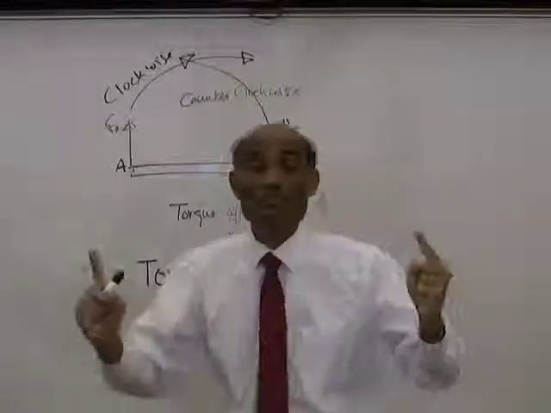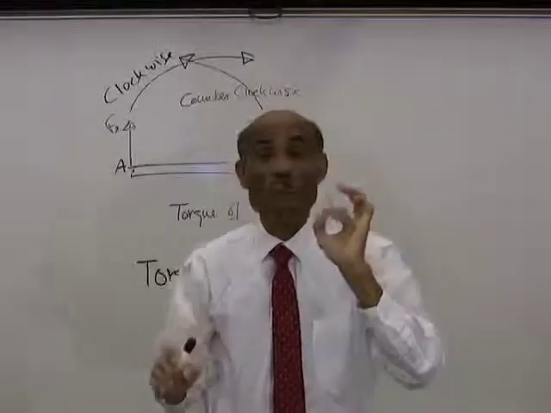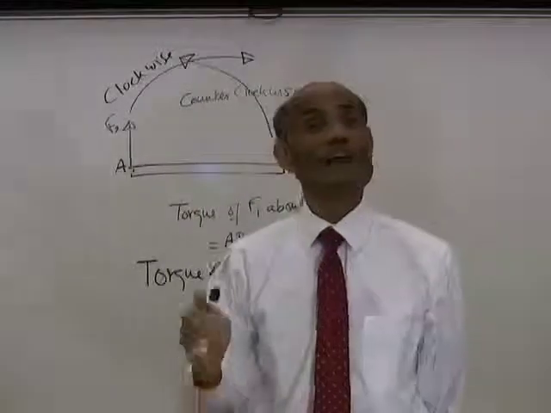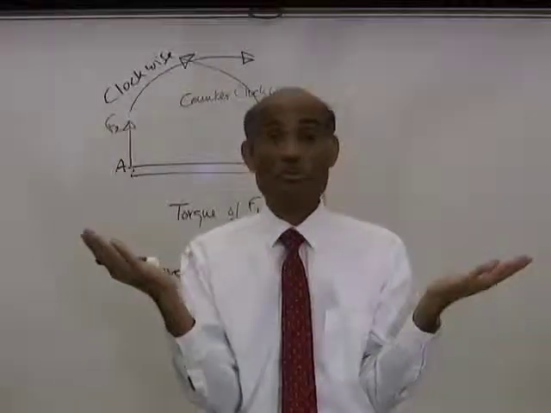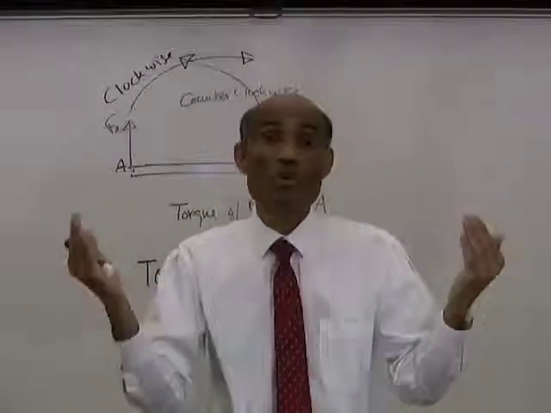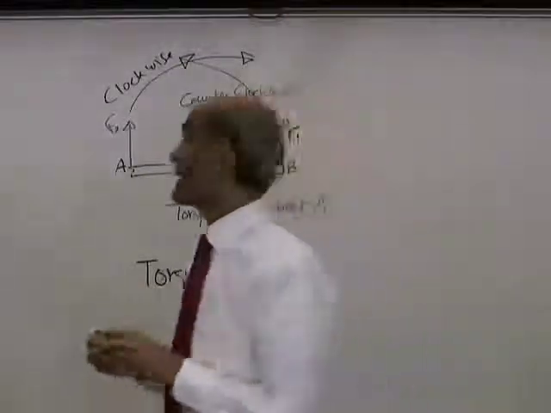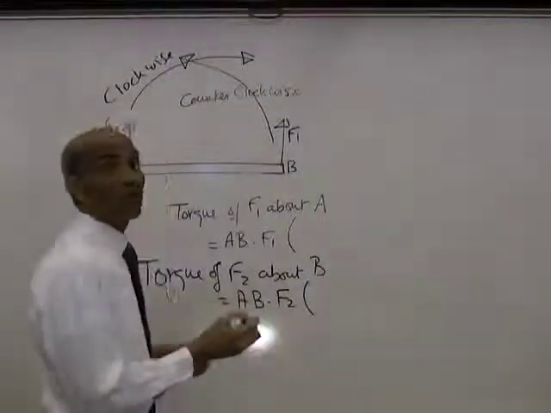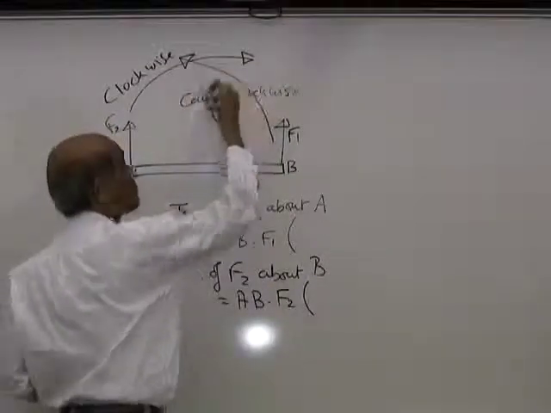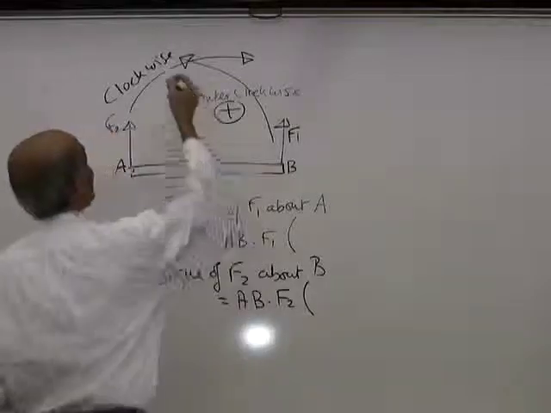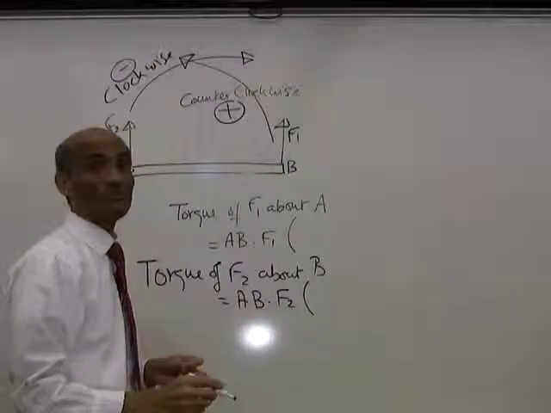That means these two torques oppose each other. So, if one is positive, the other will be negative. We can choose which torque you want to call positive and which you want to call negative. Now, for convenience, we're going to call the counterclockwise torque as positive and the clockwise torque as negative.